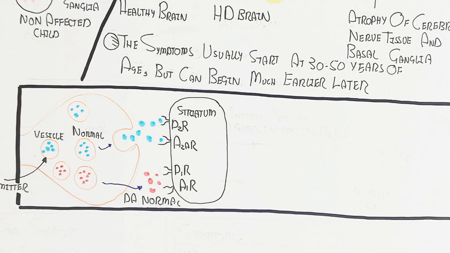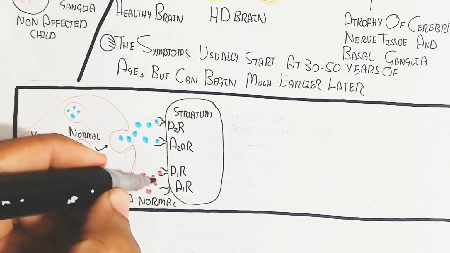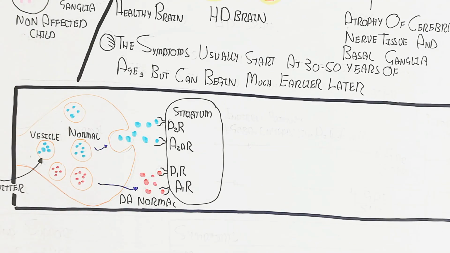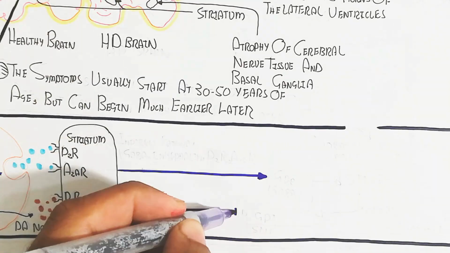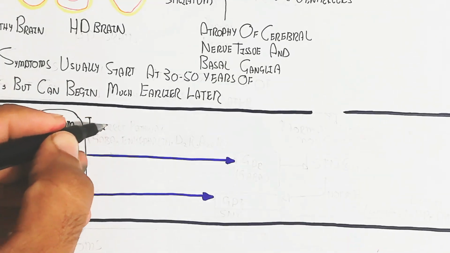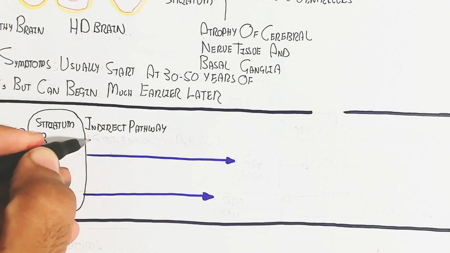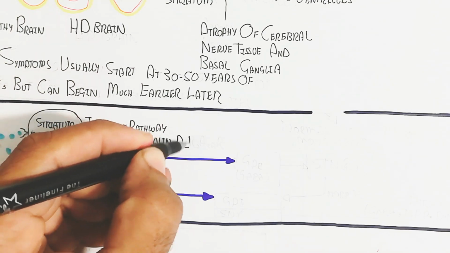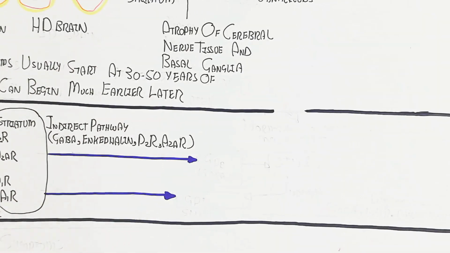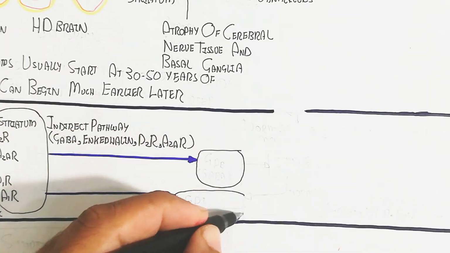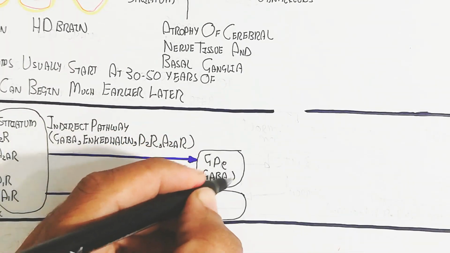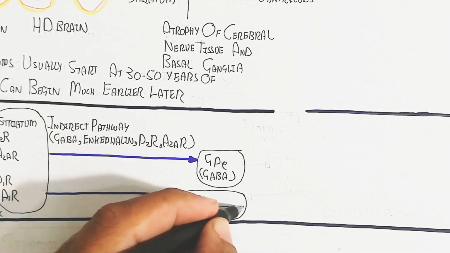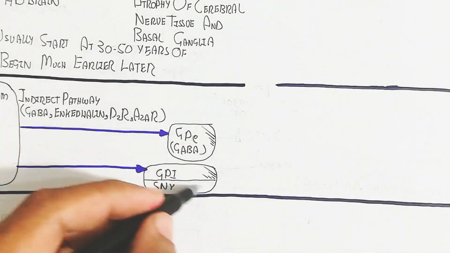The dopamine 2 receptor and the adenosine 2A receptor, and the dopamine 1 and A1 receptor, receive these in the striatum, which is part of the ganglia. In the indirect pathway, GABA and enkephalin and the D2 receptor and A2A receptor are involved.